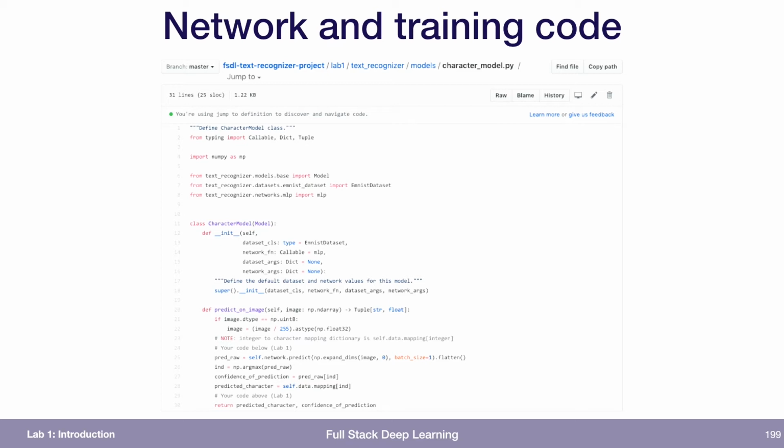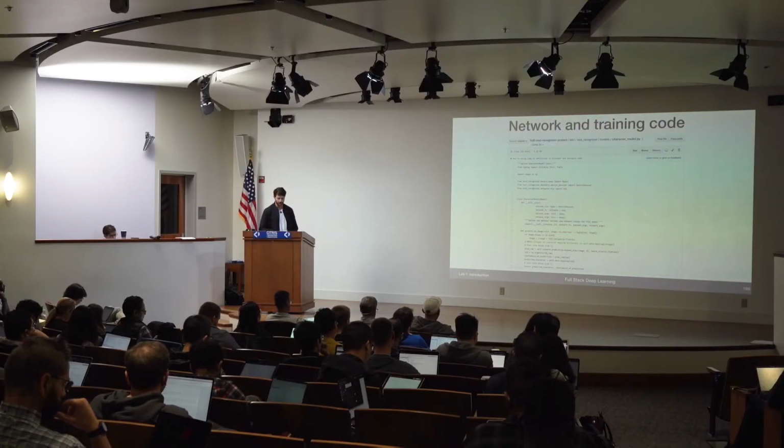Okay, so within models, on top of the base model, there's also a character model. What this character model does is it essentially just subclasses the base model, but it also gives you this predict on image function. This predict on image function takes a single image as an input and then does the preprocessing for that image that you need in order to make a prediction on it.